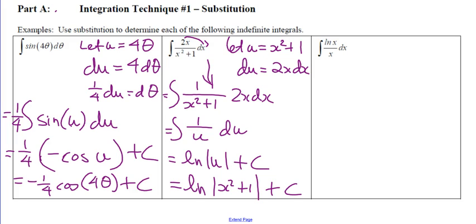Same thing is going to happen with the next one. Well, we're not going to let u equal x, right? We want u, basically, to be the more complicated thing. So u is ln x. So what is du?